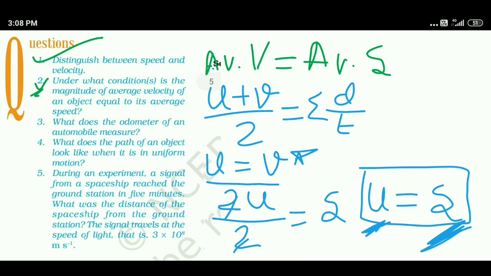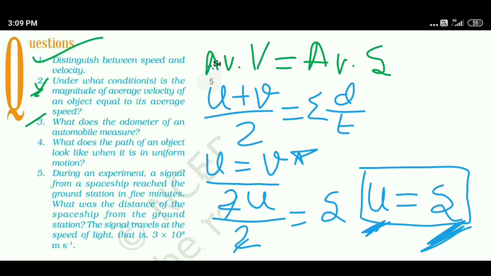Now moving to question number 3. What does the odometer of an automobile measure? Question number 3 is a small question. We all know what an odometer is. An odometer is a device which is attached in every vehicle, whether you have a bike or a scooter or a car or even an aeroplane, whatever vehicle we have.